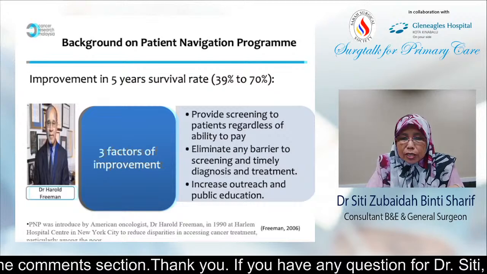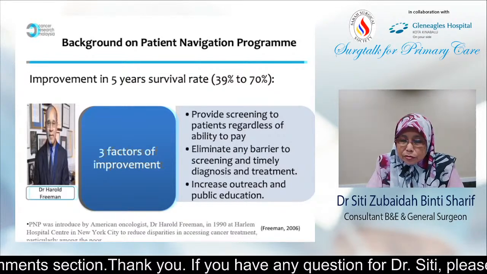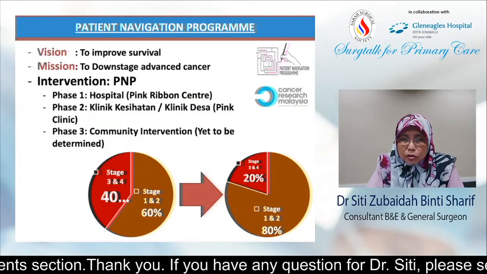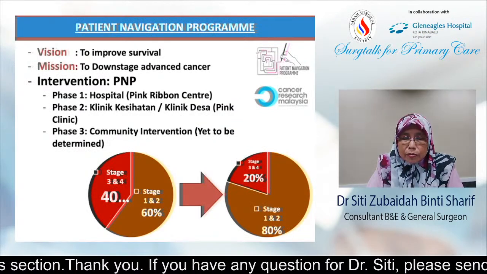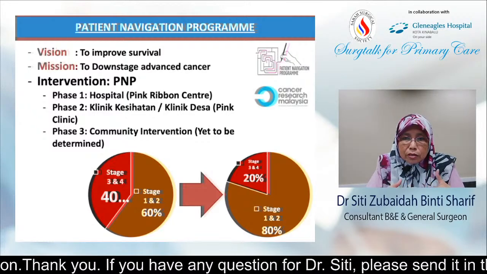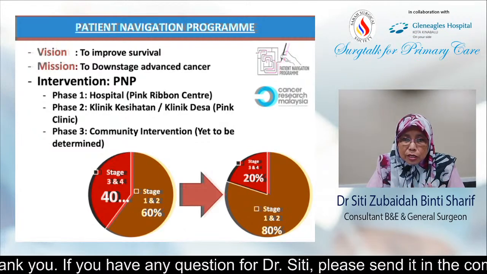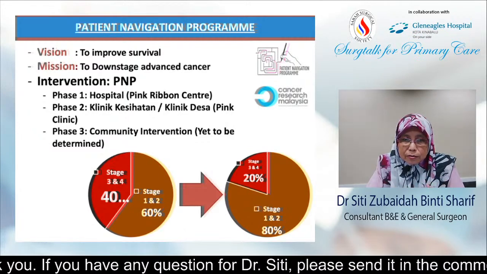And third is to increase outreach and public education. For the patient navigation program, the vision is to improve the survival rate for breast cancer patients, and the mission is to downstage the advanced cancer.